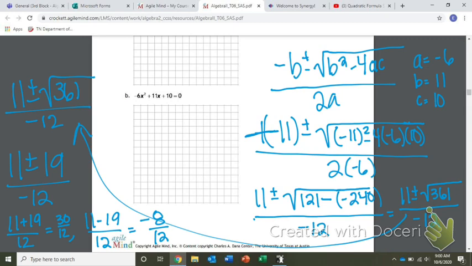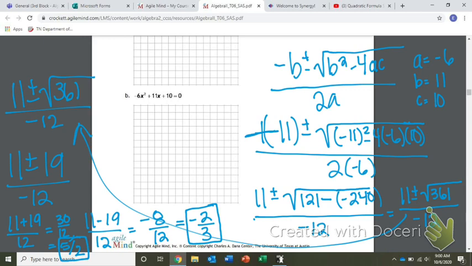So I can actually simplify both of these. Negative 5 over 2, and this would be 2 over 3. Okay?